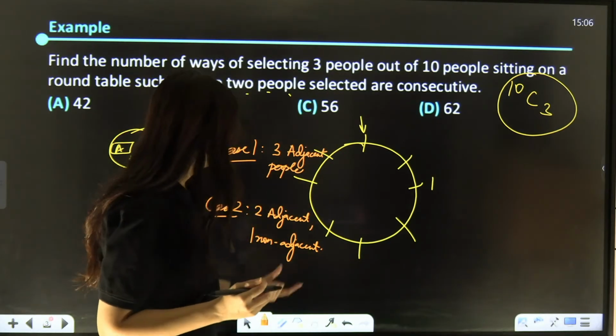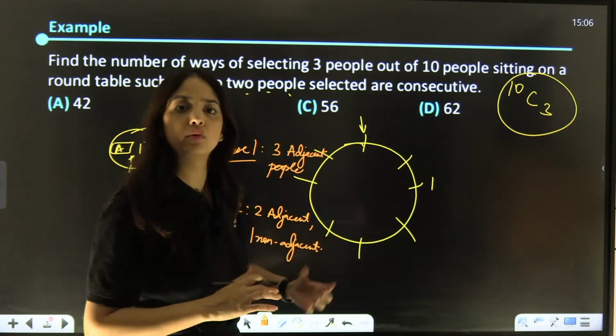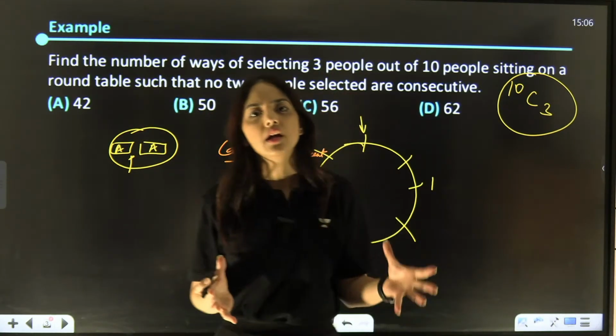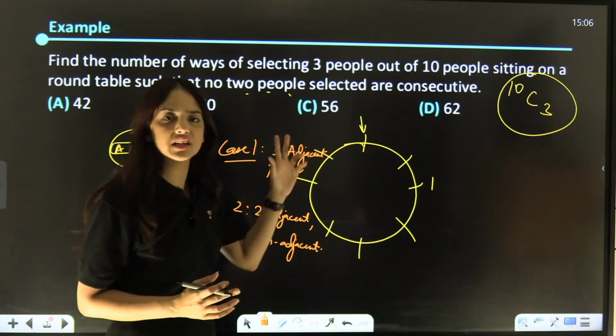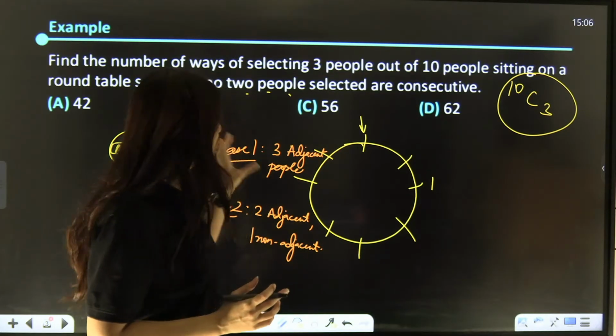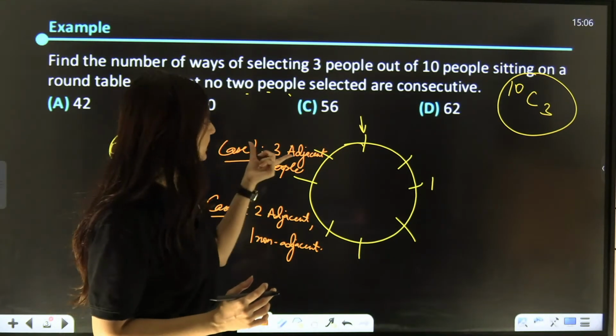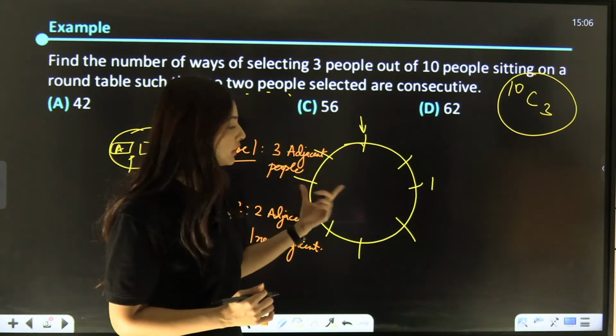If we cover both of these cases, then we are counting all the possible cases where 2 adjacent people are selected. So now, how many ways are there of selecting 3 adjacent people?